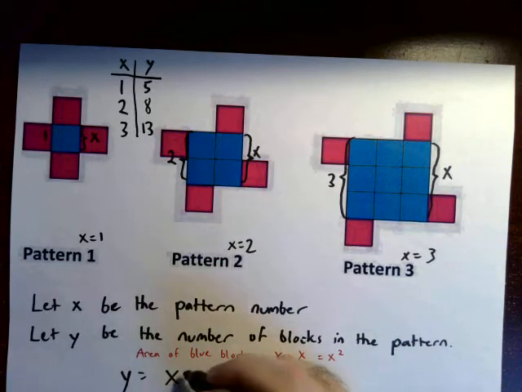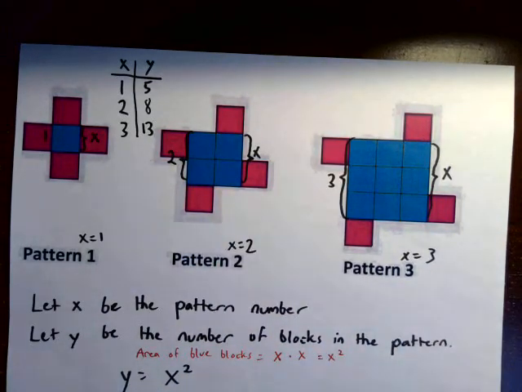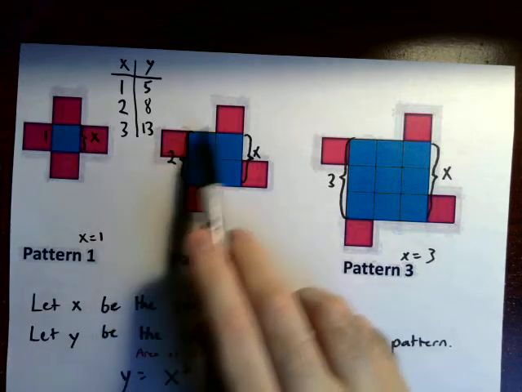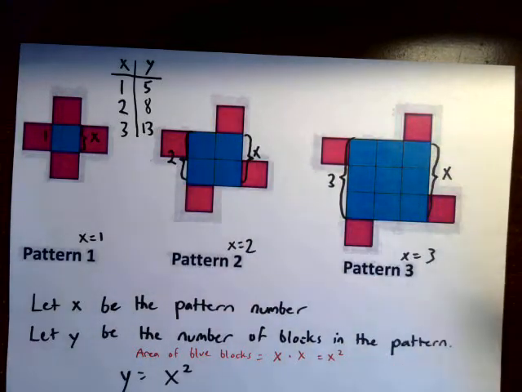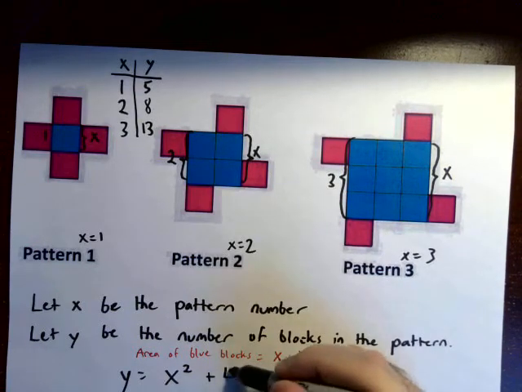So the blue part is going to be the x squared there. And then no matter what pattern we're in, we're always adding 4 pink blocks. So that's going to be plus 4.